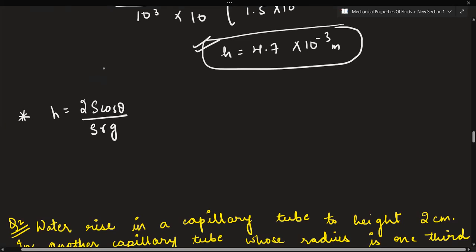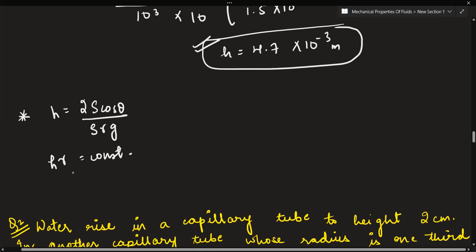Surface tension remains same. Theta is a constant value. Acceleration due to gravity, that's a constant. Density of the liquid will also remain same. But the radius and height differs, that we have seen in the previous question as well. So if rest of the terms are constant, then h multiplied by r gives a whole constant term.